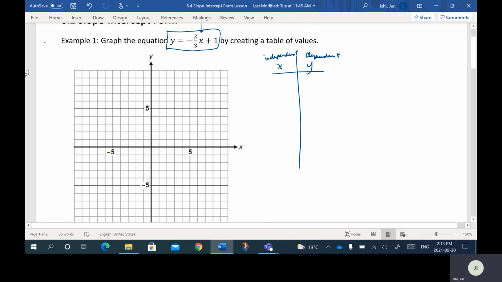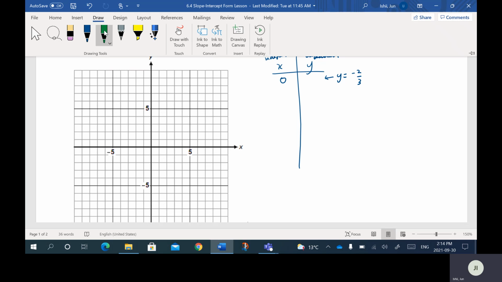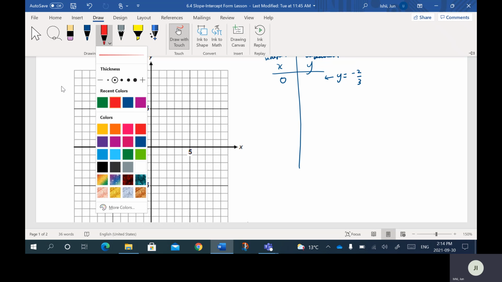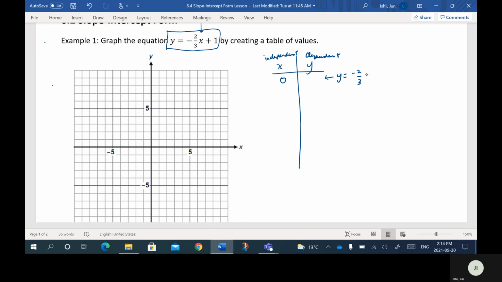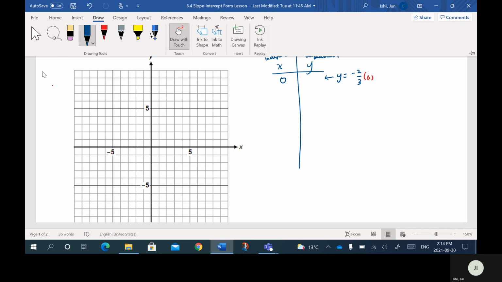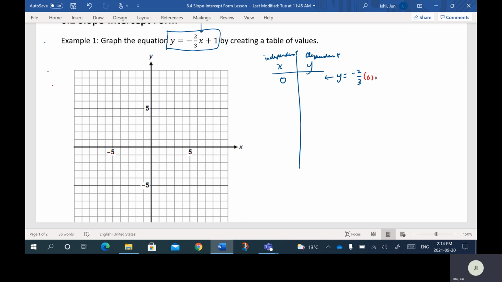Let's pick a nice easy number. Let's say I want x to equal 0. To get my corresponding y value, I'm going to plug 0 in for this x. So y is going to equal -2/3, and for the x, I'm going to plug in 0, and then I still have the +1.